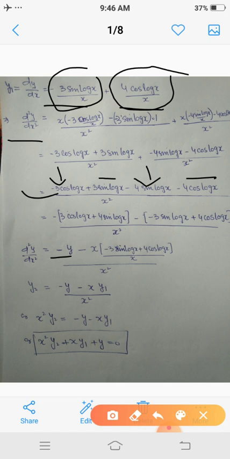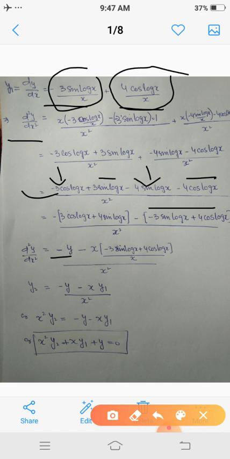Now when we multiply and divide this term by x, we get x into (minus 3 sin log x plus 4 cos log x) upon x. Why did I multiply and divide this by x? Because I need here y1, and in y1 we have x in the denominator.